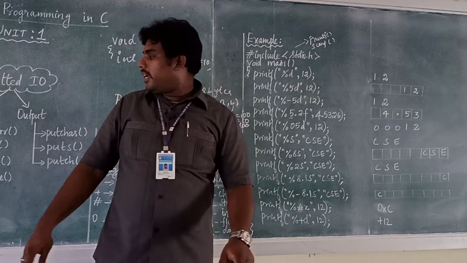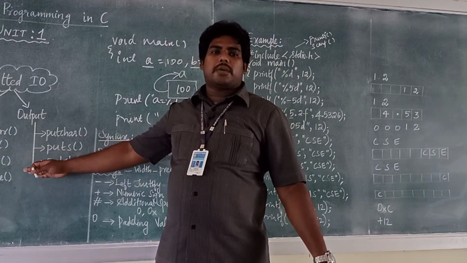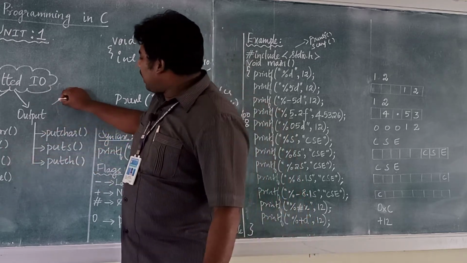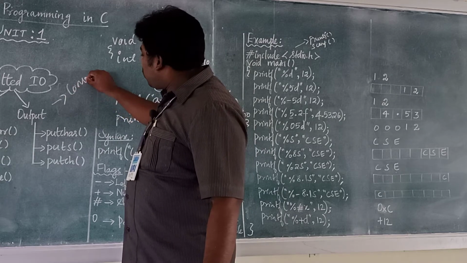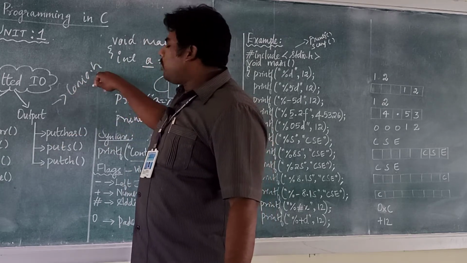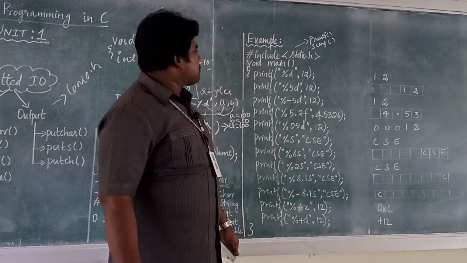stdio.h. Similarly, your unformatted functions, getchar, getch, gets, these all are unformatted, right? They come under the header file conio.h, that is console input output.h.